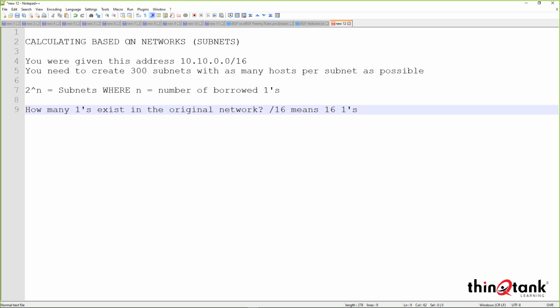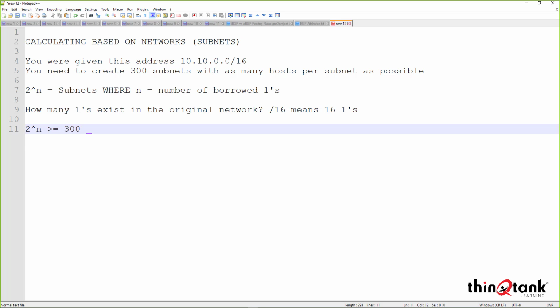All right? But if I do the formula, 2 to the power of n has to be greater than or equal to 300. That was part of my requirement, right? 2 to the power of n has to be greater than or equal to 300 because I need at least 300 networks. Then I just simply solve for n, don't I?